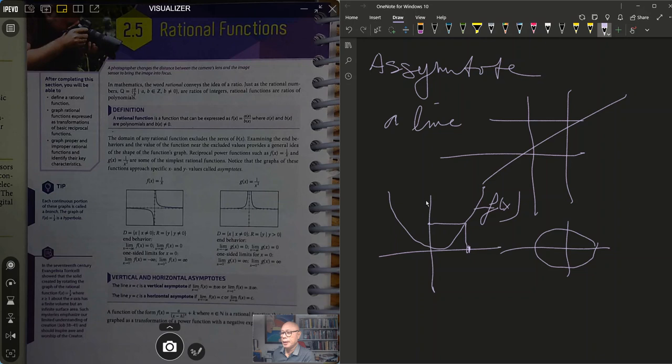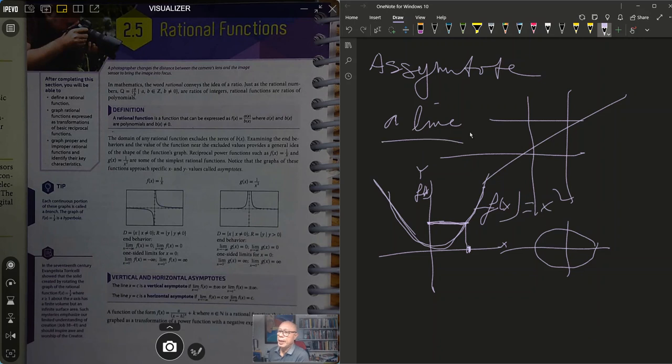This is the y-axis and this is the x-axis. So this curve we call the function f(x) equals x squared, for example.